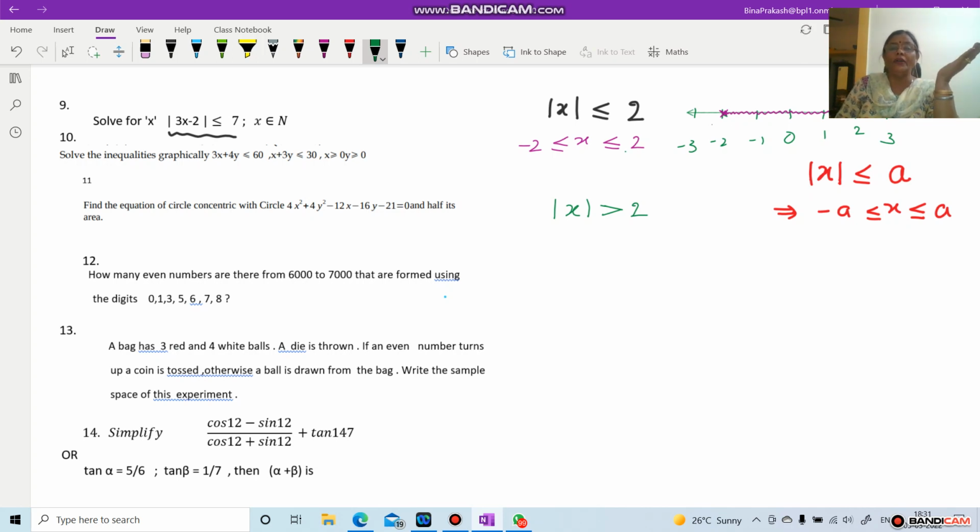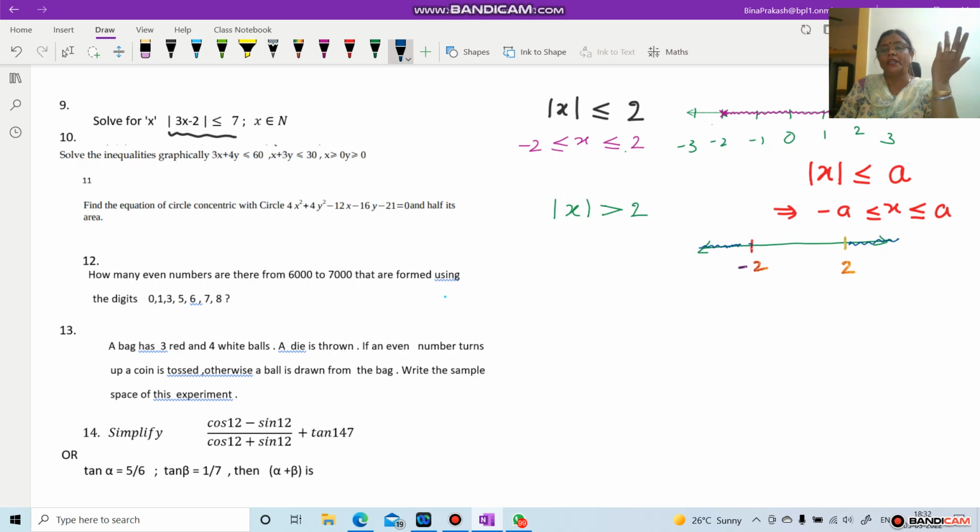Likewise, any value on the left hand side of -2 will also, after taking its modulus, have its value greater than 2. So any value on this side of the number line or on this side of the number line.